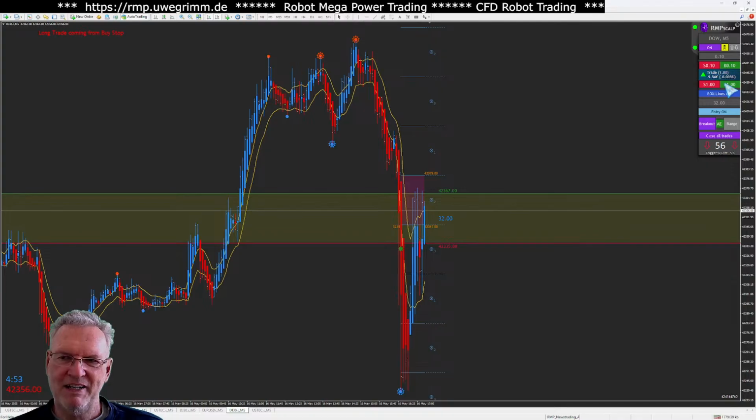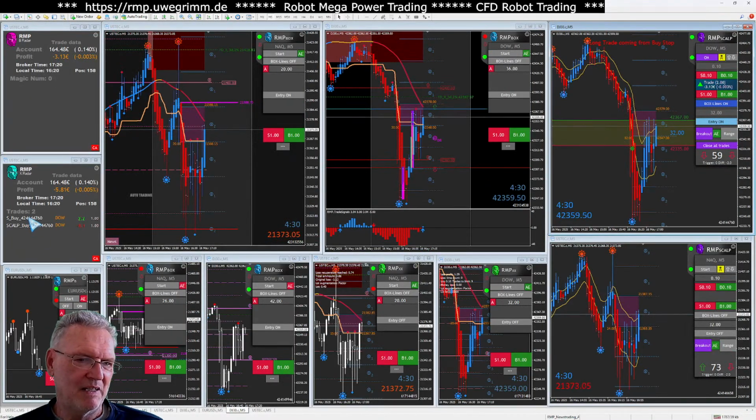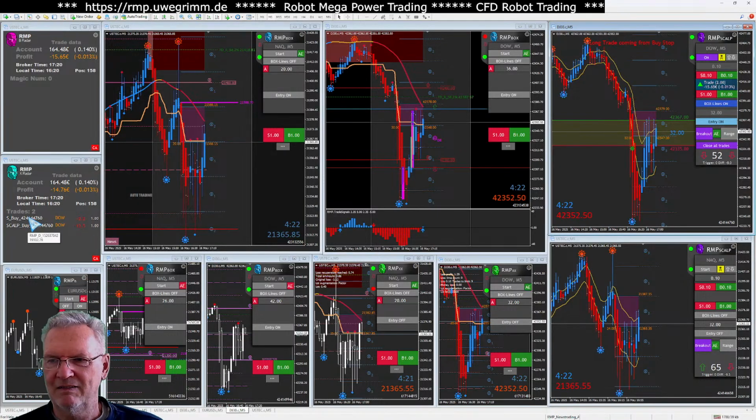There is a long trend, so what else? We give another lot long. There we were already in the plus. There is one trade, this one is in the plus 3. Another one long.